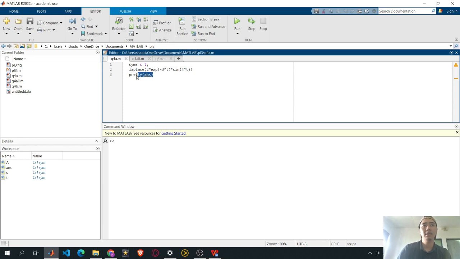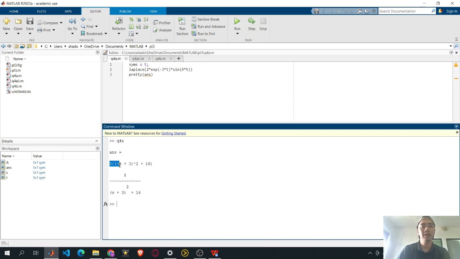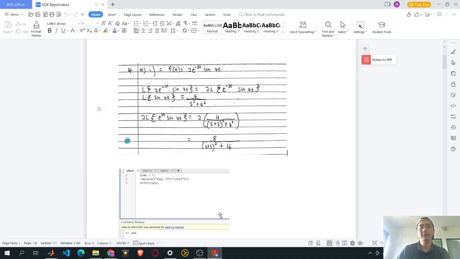This one is to make the answer prettier. So we run the code and we get the answer here. It's 8 over (s plus 3) squared plus 16. This one is the prettier version, and it's the same as this answer.